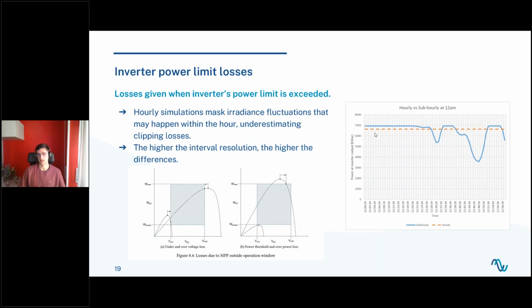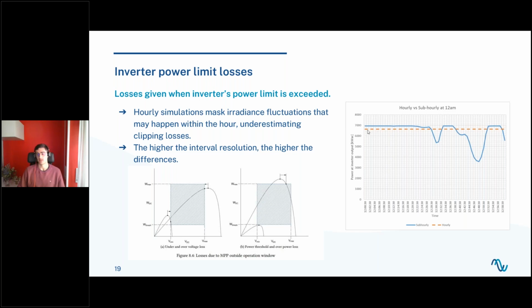However, for sub-hourly simulations, we are doing the same, but we are not averaging the irradiance within the whole hour, but we are going interval by interval and calculating what's the power that we have. Due to this, I have represented here a specific case where the values will be different.